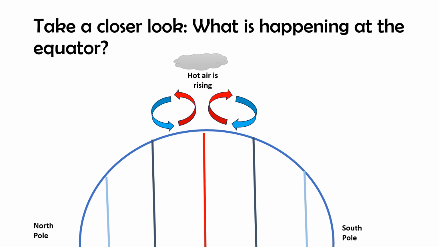And there's another point that we make here as geographers: it's the ITCZ zone. If you can maybe record this, I haven't actually put it in my video, but maybe I should have.